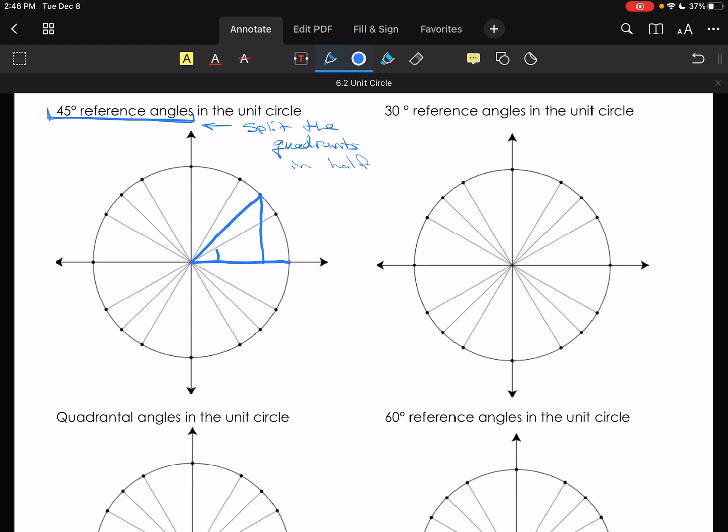So that rotation there would be 45 degrees. The other splitting of quadrant 2 would put me here. Okay, and that would be 135 degrees.